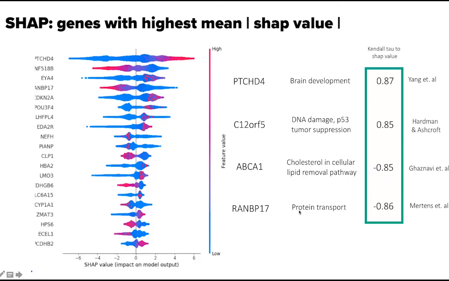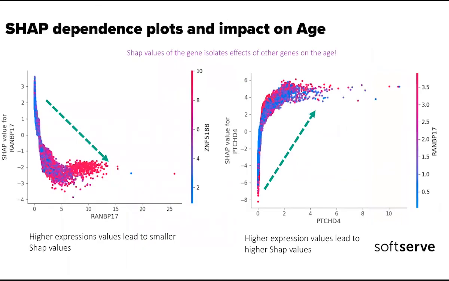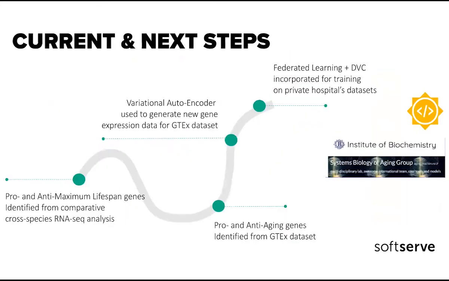And the same is for this gene, because it's responsible for protein transport. And again, it's important that all proteins are transported correctly. And when we have this negative correlation, it means that the quality of the transport maybe is lower with age, and I think that's quite logical, that we know that this happens when we age.